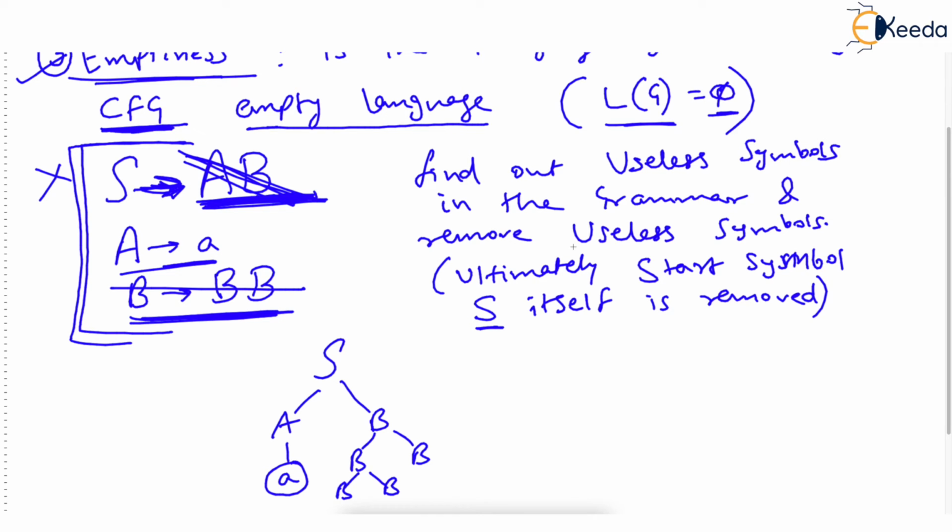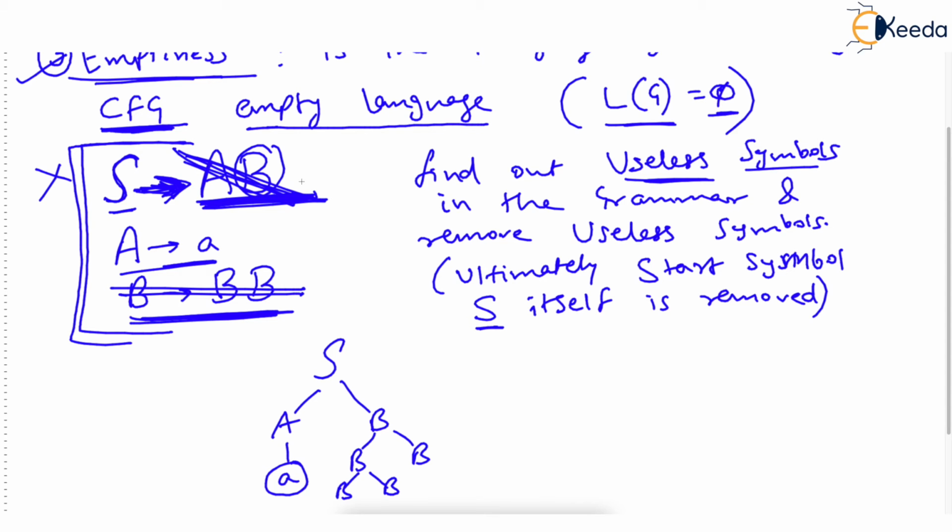What happens when you try to find useless symbols? You keep deleting useless symbols, and it turns out that even the start symbol is useless, because this B was useless, so you can't keep this production. And when you remove this, then S doesn't derive anything. If the start symbol S doesn't derive anything, then the language is empty. I hope you have understood.